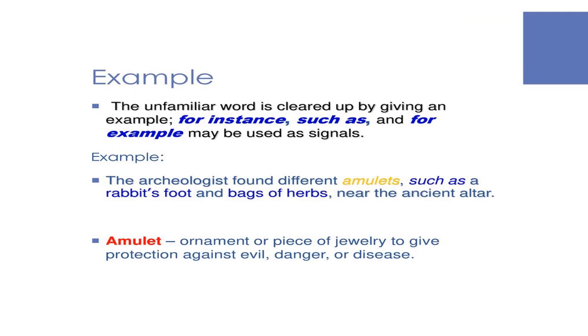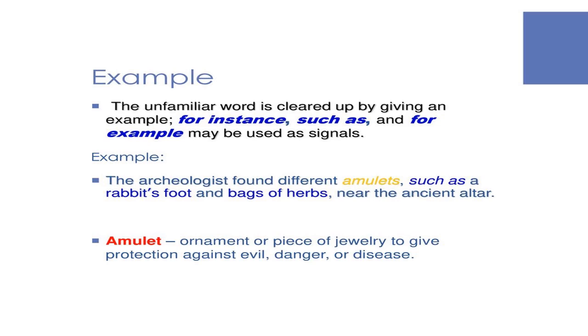Another type of context clues is giving an example. The unfamiliar word could be clarified or explained by an example. And usually you will find a clue like for instance, such as, or for example.